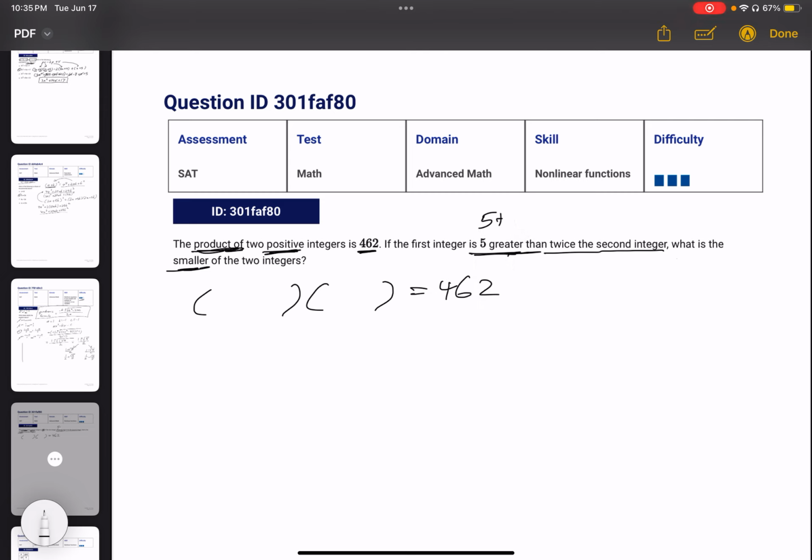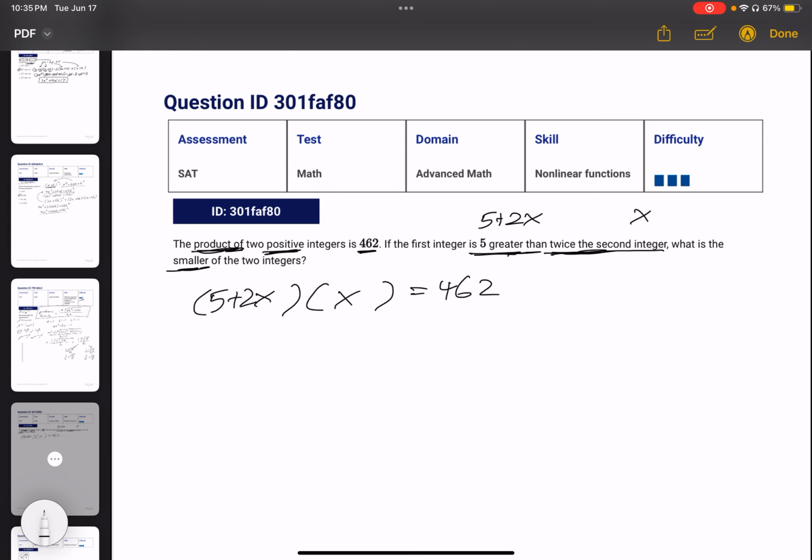And then twice the second integer. If it's twice, it's 2 times, so 2x. So this will be the larger integer, since the second integer will just be x. So we're going to put this in here because this is the product of the two. And we know that the product is equal to 462, as it says in the problem.